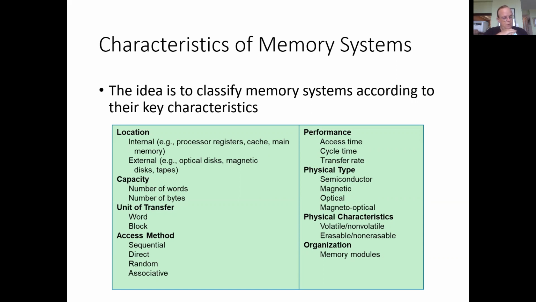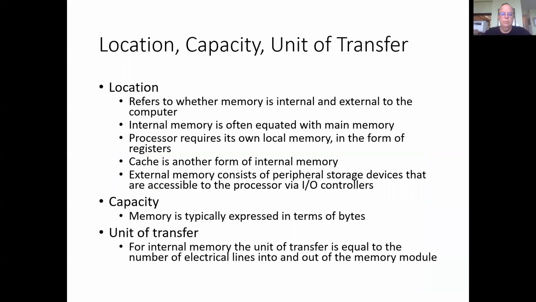The unit of transfer is equal to the number of electrical lines in and out of main memory, and that could be equal to the word length, or it's often larger, with 64, 128, or 256 bits. We can clarify that a little bit: the word is the natural unit of memory organization, the addressable unit, and then the unit of transfer can be different from the number of words.